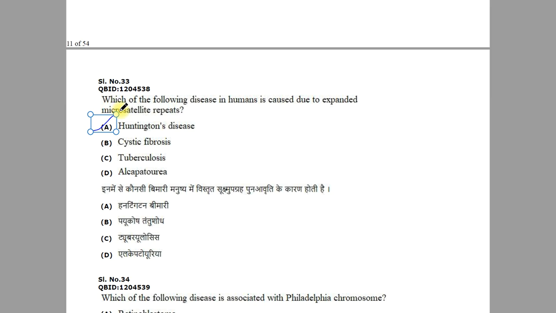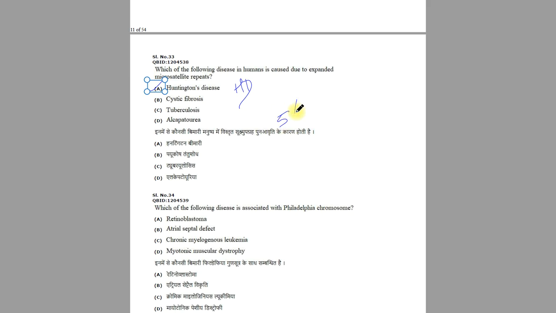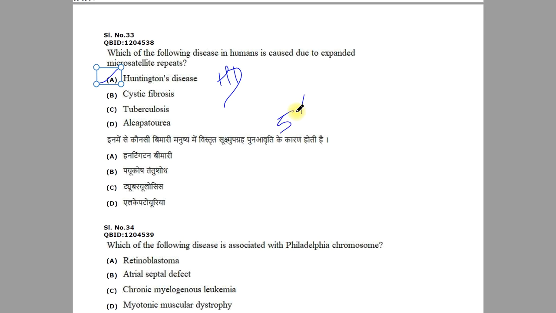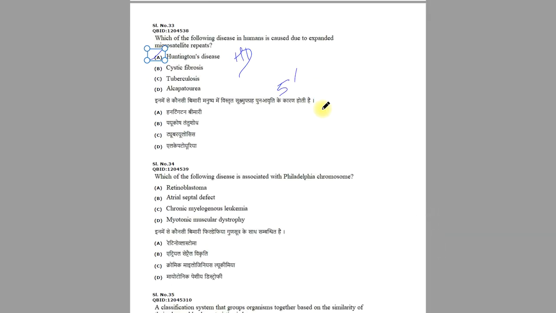In this disease, there is a gene, the HD gene. This gene contains small repeats, which have the sequence CAG.